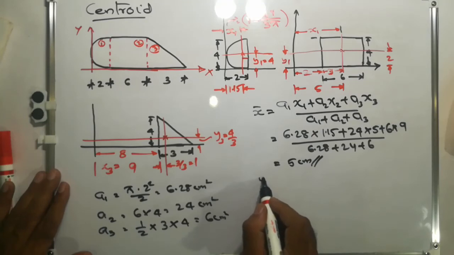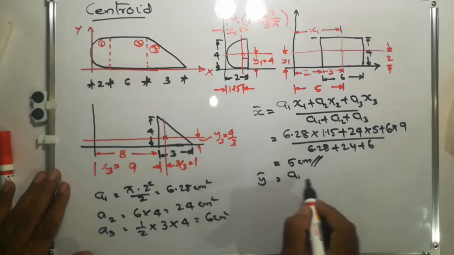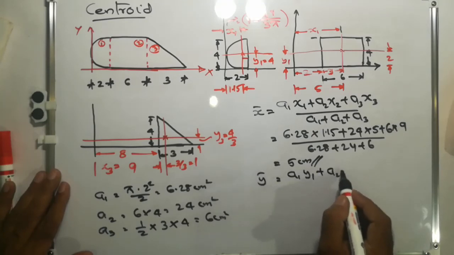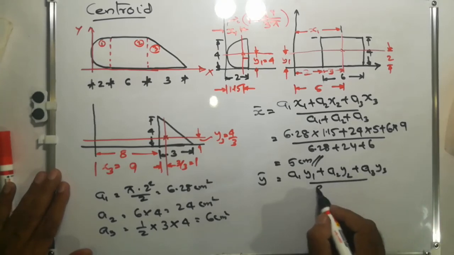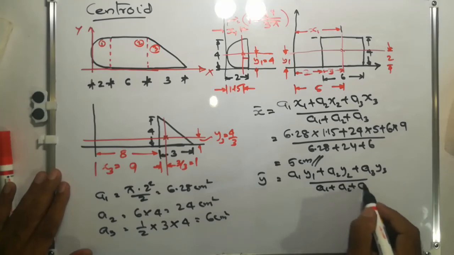Then y bar equal to a1 y1 plus a2 y2 plus a3 y3 divided by a1 plus a2 plus a3.